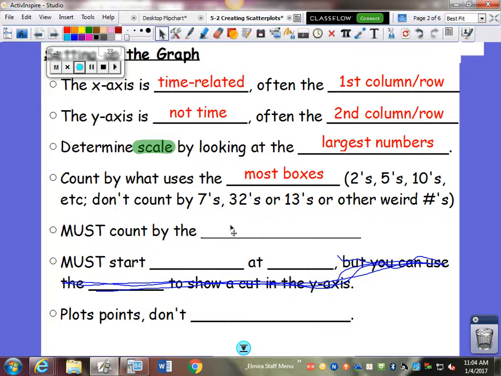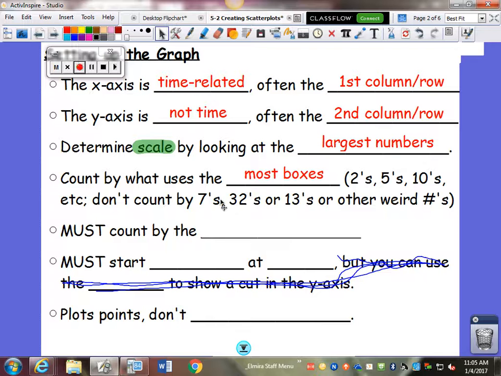You don't want to count by weird things like 7s, 32s, and 13s. Guys, I try to give you the hint that you should try counting by 1s, 2s, 3s, 4s, or 5s. Okay, those are all acceptable. And then after 5, guys, I want you to think about money. All right, we don't have a $7 bill. Don't count by 7s. Don't count by 32s. Don't count by 13s.